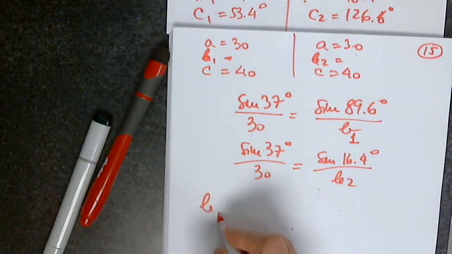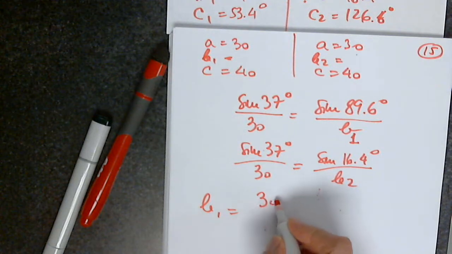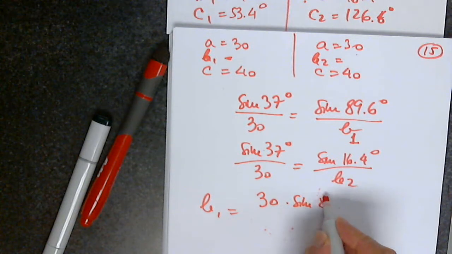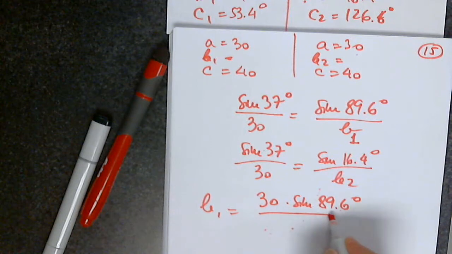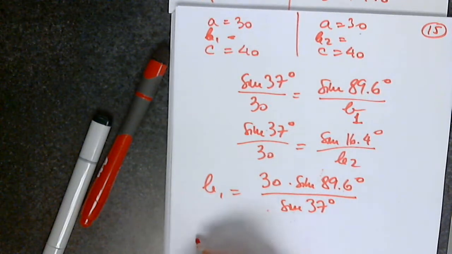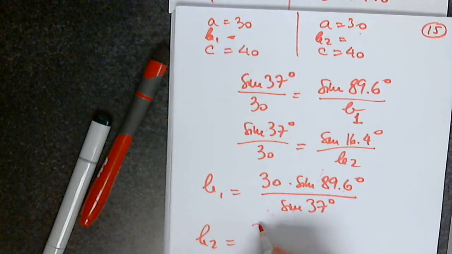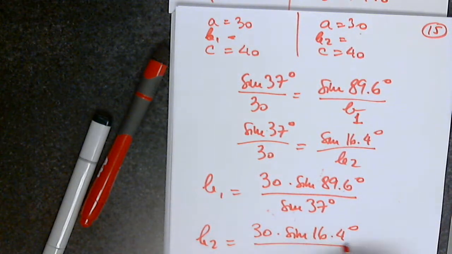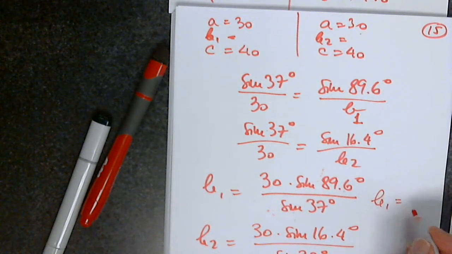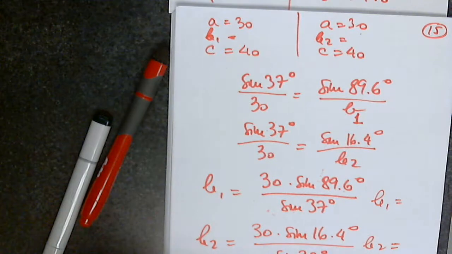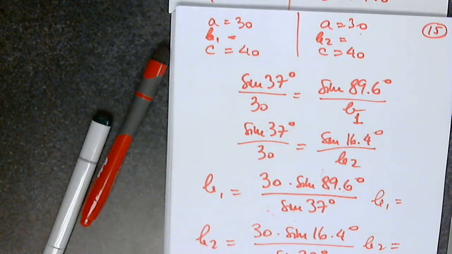So b1 is 30 multiplied by sine 89.6 degrees over sine 37 degrees, and b2 will be 30 multiplied by sine 16.4 degrees over sine 37 degrees. I'll calculate b2 and somebody will calculate b1.